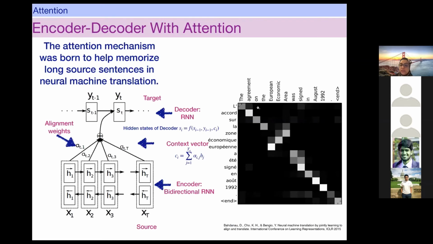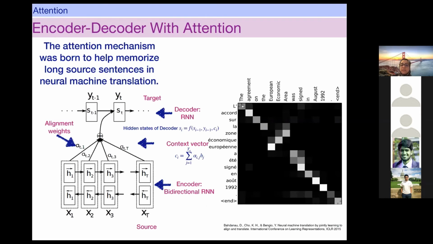For example, this is an English sentence that is translated into French. During the translation, we can see that 1992 was the most important word for this translation. And August was also aligned with August in French. So these were kind of the most important things.